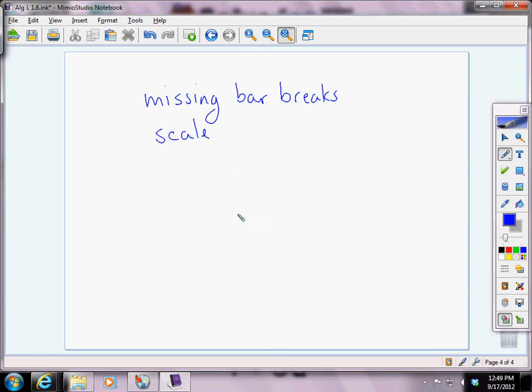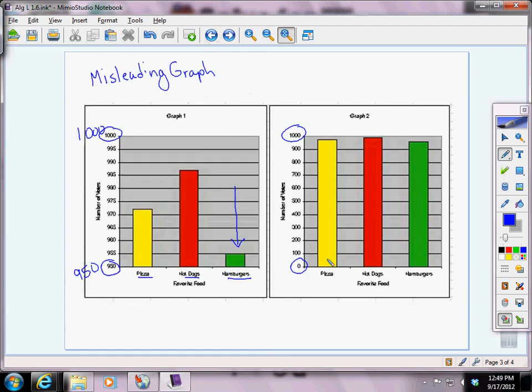Are they going by huge numbers, which makes the data look shorter? Or are they going by a lot of small numbers, which makes the data look really tall? We also have to worry about the width of the columns in a bar graph. When we talk about a bar graph, we're only worried about the height.